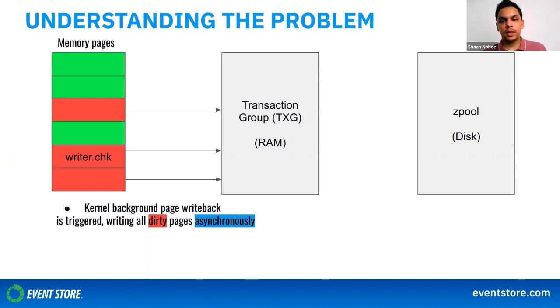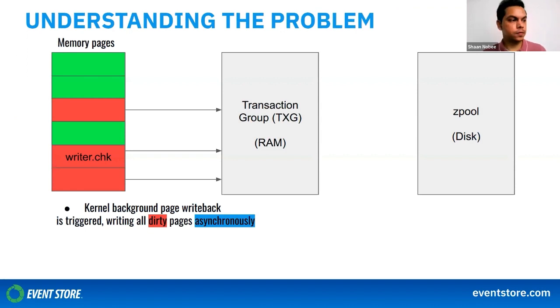It happens at that point that the memory mapped writer checkpoint page was also dirty at that time, because say we had just updated the checkpoint but had not yet flushed it to disk. So all of these writes, including the writer checkpoint, go through the ZFS async code path into a transaction group, which will be written to disk after 5 seconds, because the kernel thinks that these are not critical writes, so it's done asynchronously.